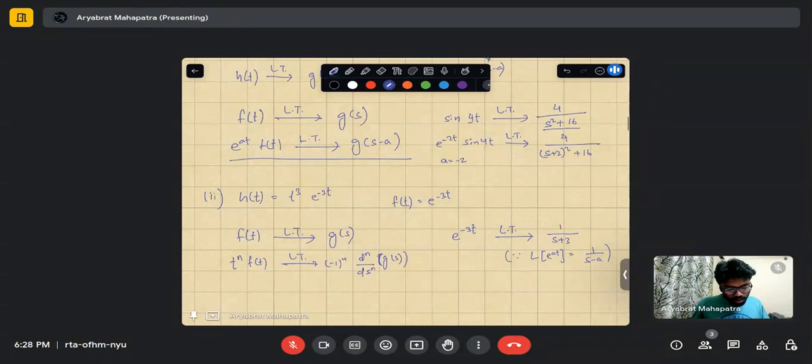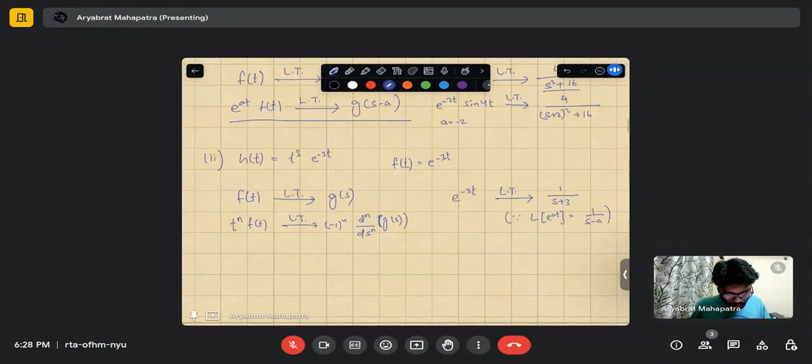Then t cube is multiplied with this exponential of minus 3t. Using this property, when you do the Laplace transform, you will get minus 1 cubed, because here n is 3, then d n by d s n of g of s.